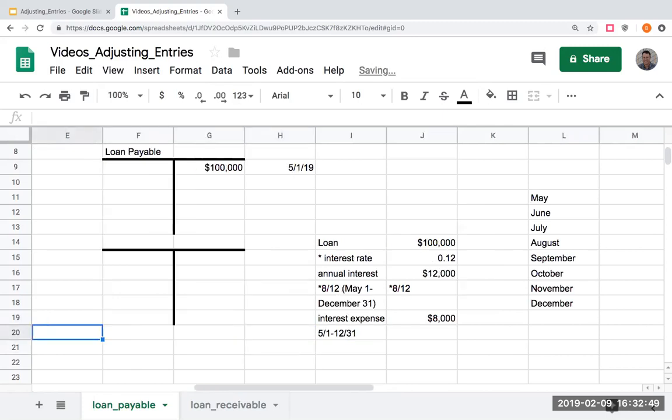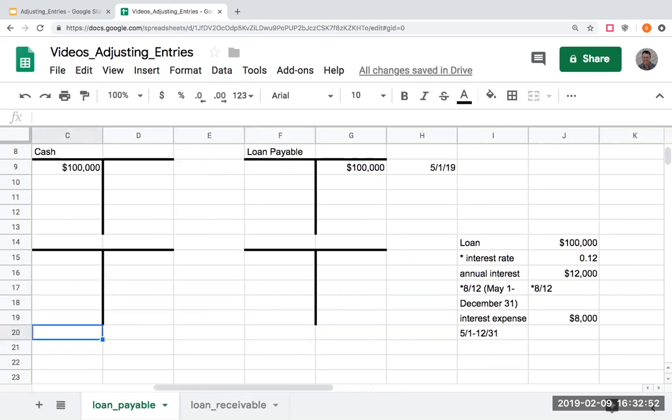Now, why do I call this interest expense? Because when I borrow money, I have to pay interest. The cost of borrowing that money is what we call interest expense. And here, for every debit, I need a credit.